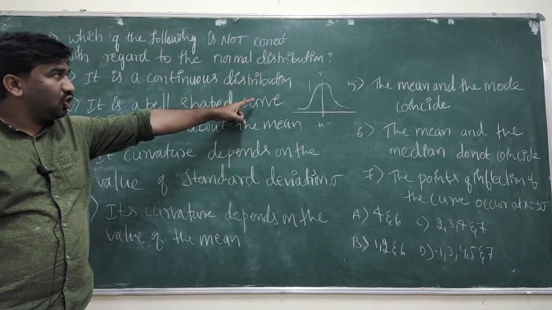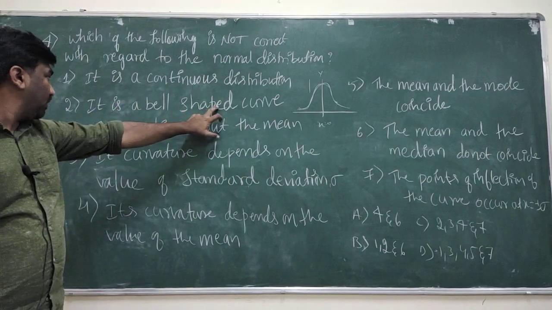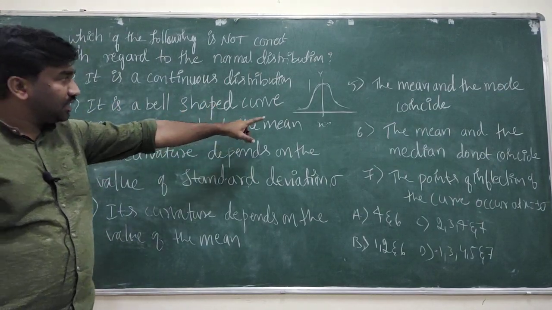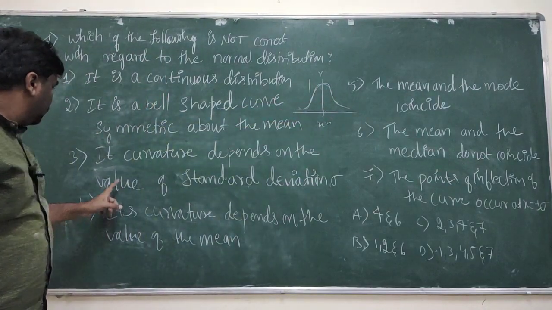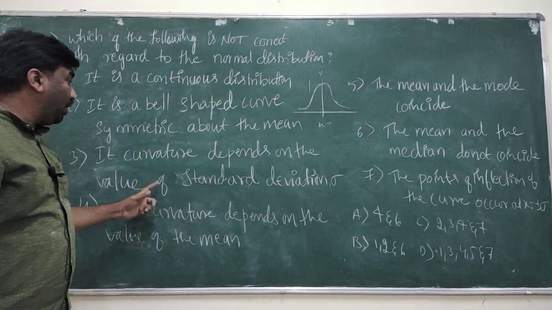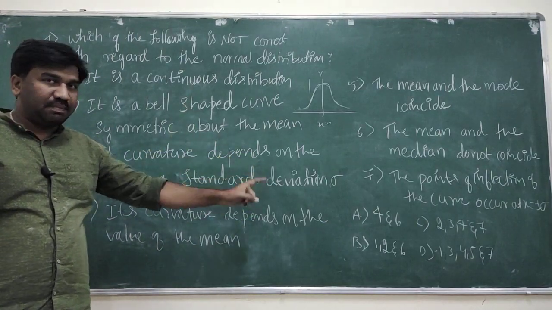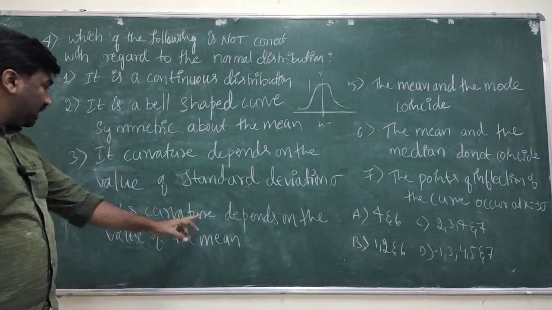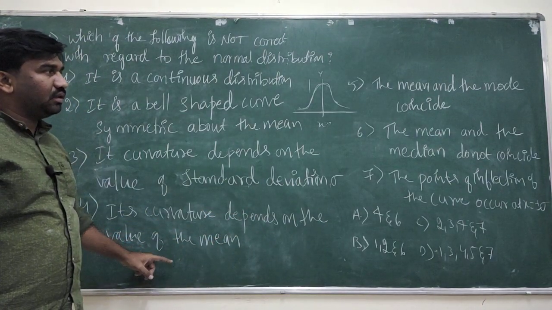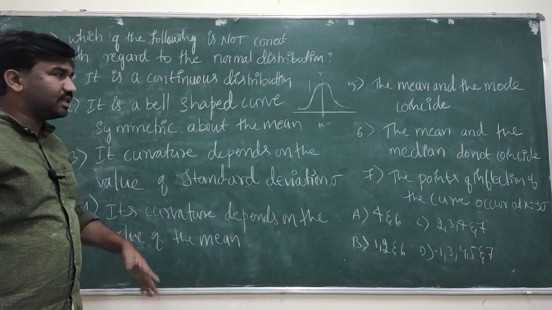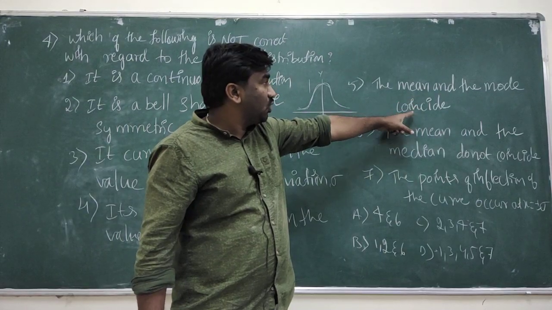The normal distribution is continuous, and it is a bell-shaped curve symmetric about the mean. Yes, and the curvature depends on the value of the standard deviation sigma. Yes, it also depends on the sigma. If the curvature depends on the value of the mean, yes, this is a bit of confusion. Let's see. And the mean and the mode coincide.